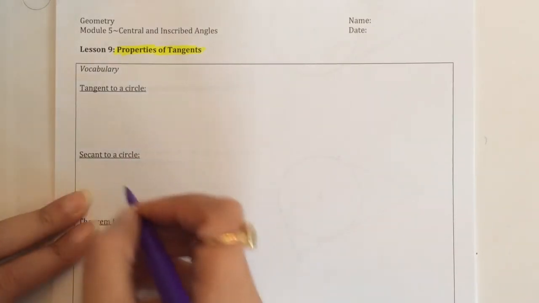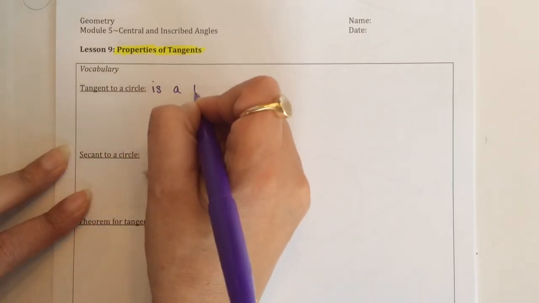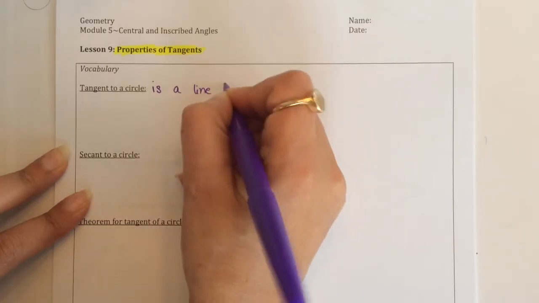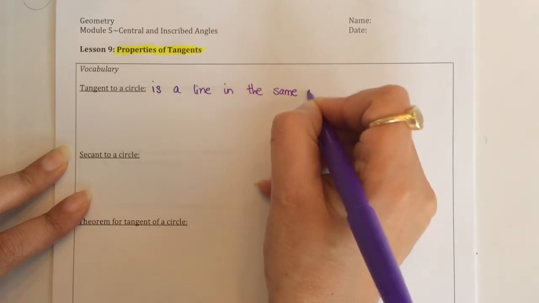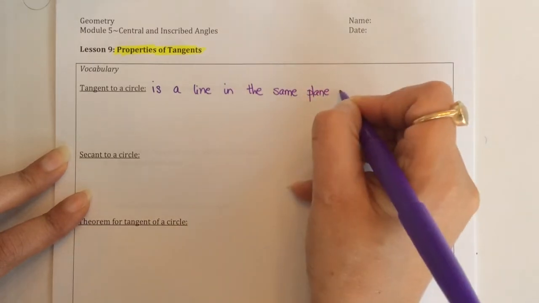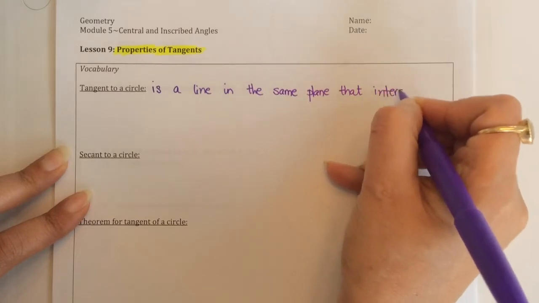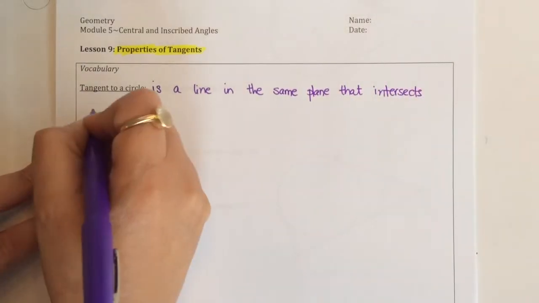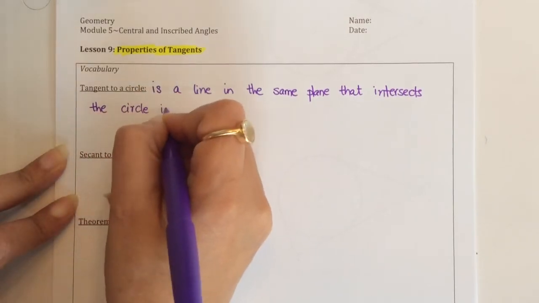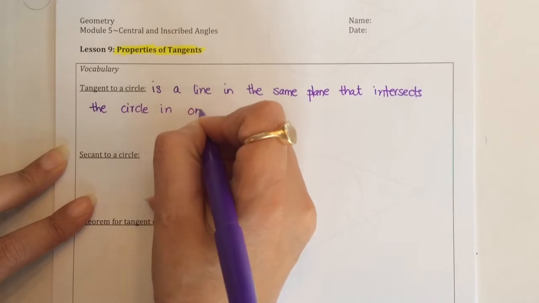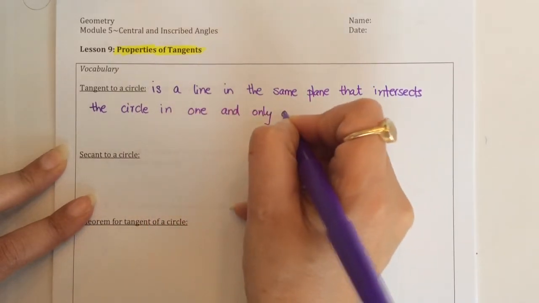A tangent to a circle is a line in the same plane that intersects the circle in one and only one point.